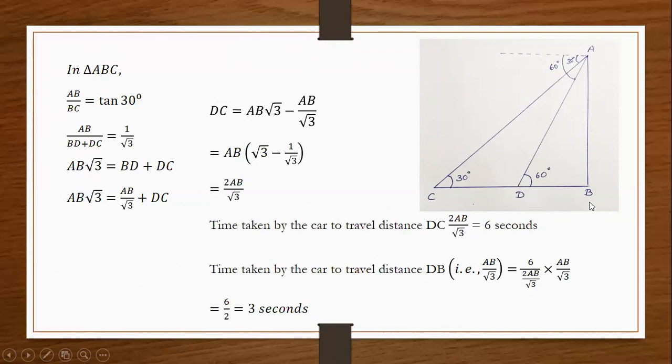We already found DB is AB by root 3. To travel this distance, what would be the time? So 6 divided by 2AB by root 3, into AB by root 3. This is the unitary method type. So when we solve, we get the answer 3 seconds. So from C to D, it took 6 seconds. From D to B, it will take only 3 seconds for the car to reach.